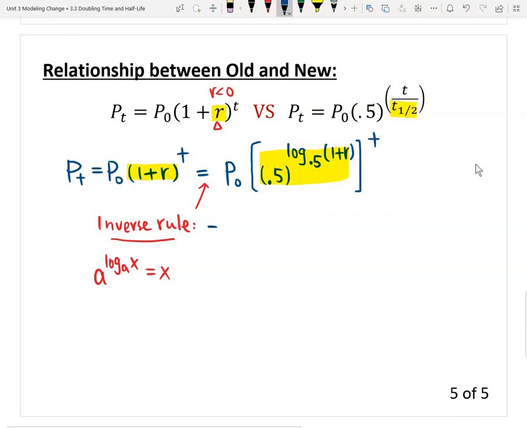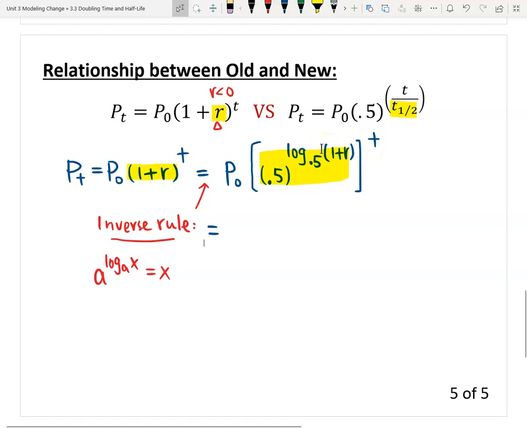Now I go to the second step. We look at this 0.5 raised to a power. This is a number, and then raised to another power. Power of a power, do you remember?